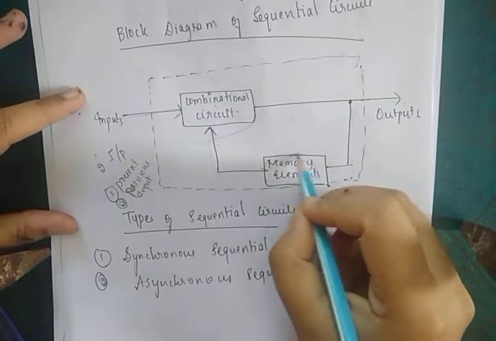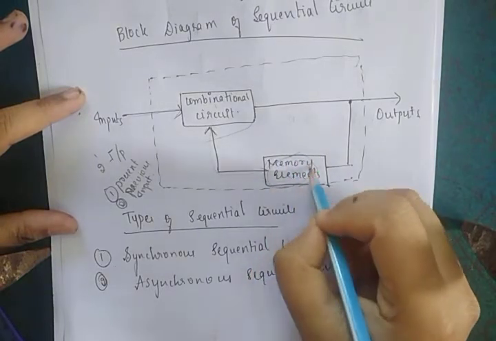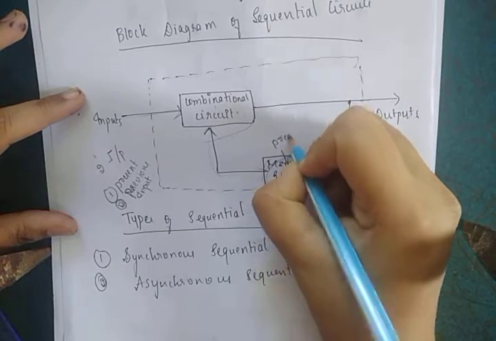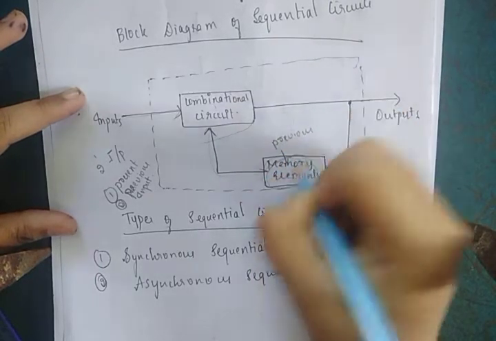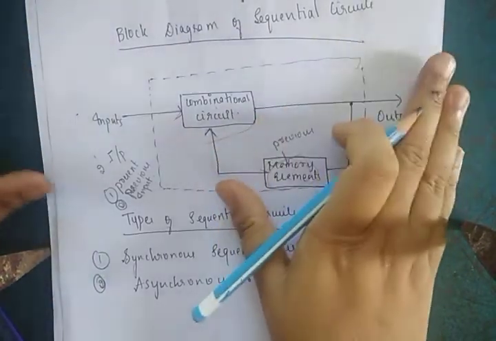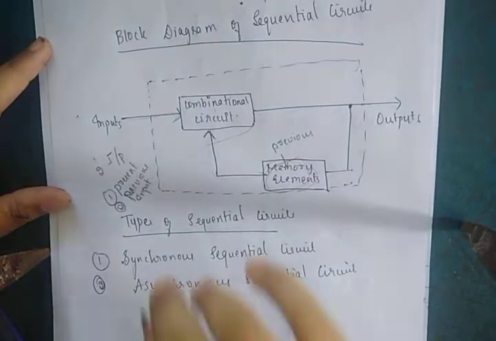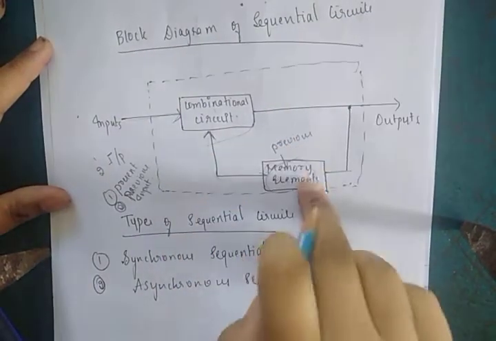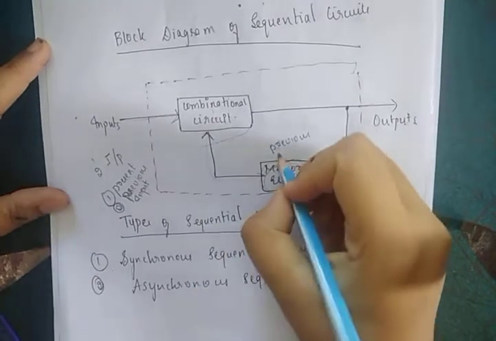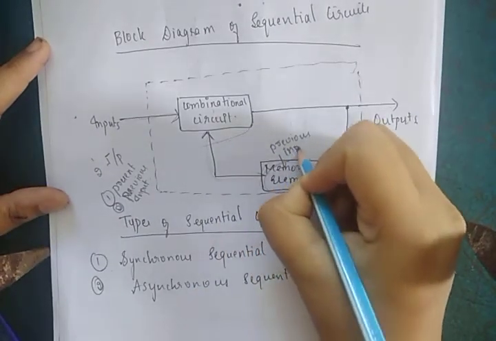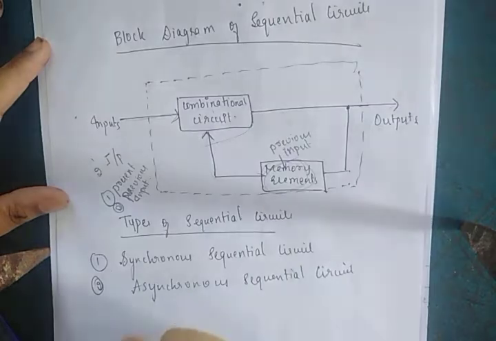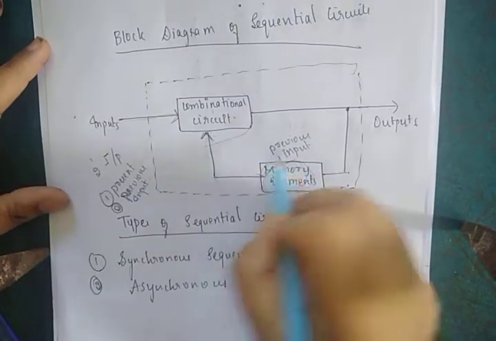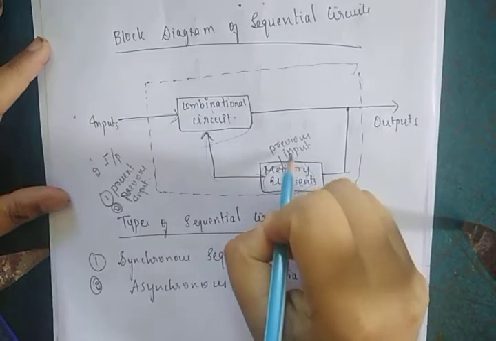In the memory element you see, the previous inputs are already stored. Memory means a storage unit which stores something. As we know, the memory unit in the fifth unit stores binary information. Similarly here, it stores the previous input. This previous input is also an input for us.